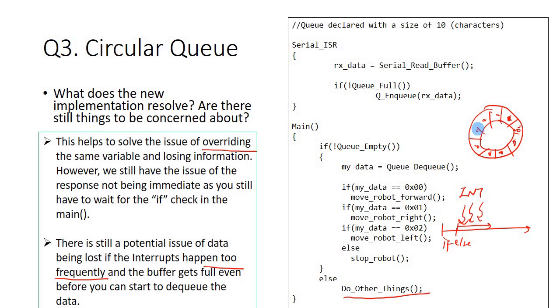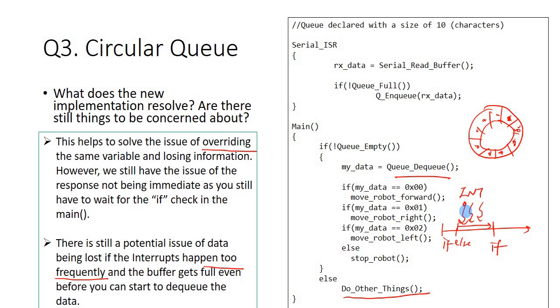And of course, the way the code is written, each time the queue is not empty, I only dequeue once, and then I do other things. So if let's say there were 3 interrupts that were triggered, when I come back to the next if iteration, I would have dequeued the first data.